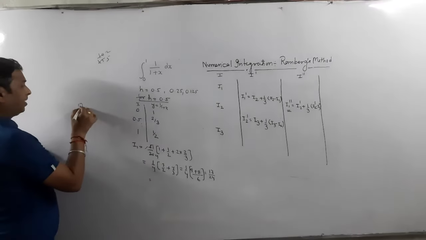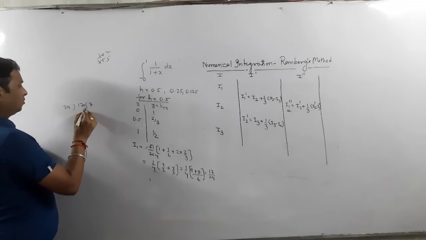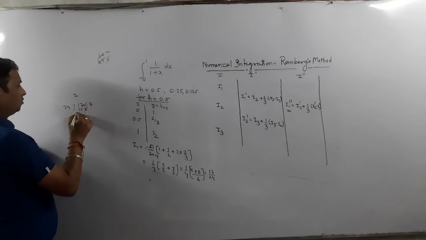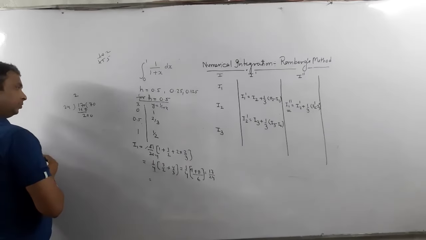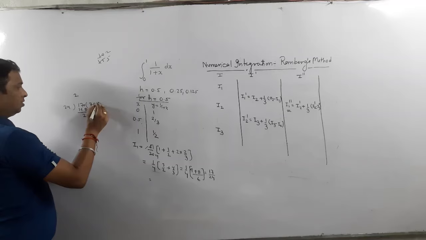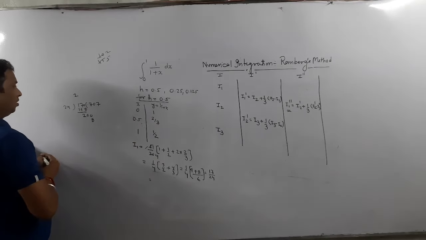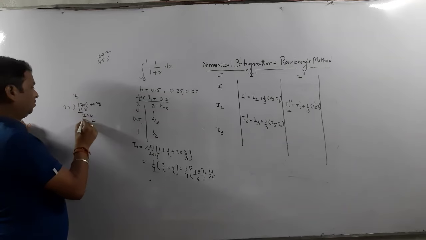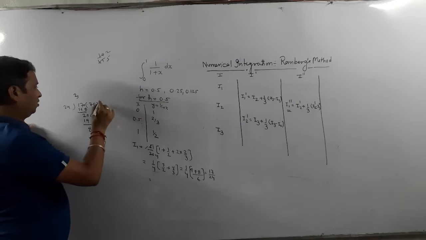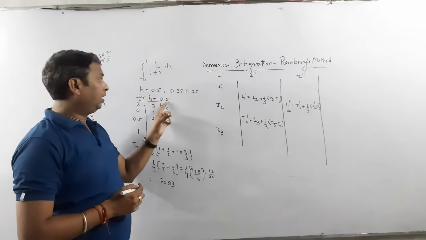What is the value? 17 divided by 24 is 0.7083.